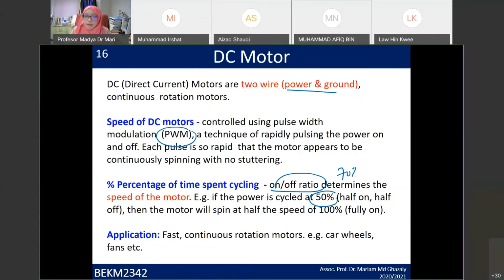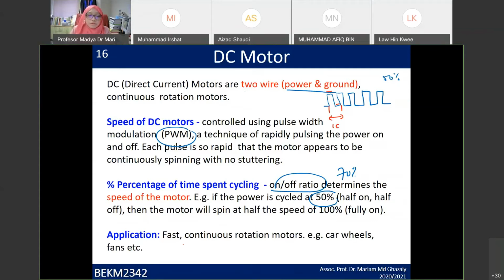So what does it mean? Remember last time when you learned about the waveform and potential. Assuming this is a ratio of 50%, what does it mean by 50%? It means this is one cycle, and this and this are the same ratio.